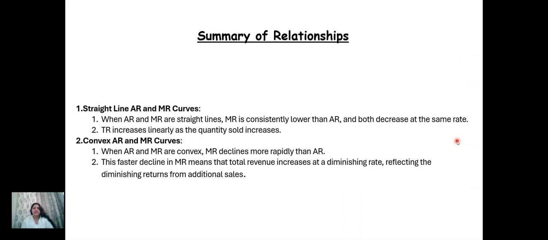When average revenue and marginal revenue are convex, then marginal revenue declines more rapidly than average revenue. Basically, the declining rate of MR shows that total revenue increases and reflects diminishing returns from the additional sales.